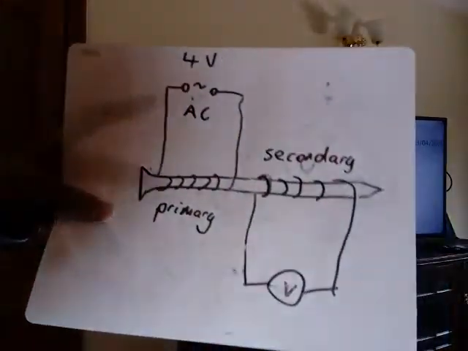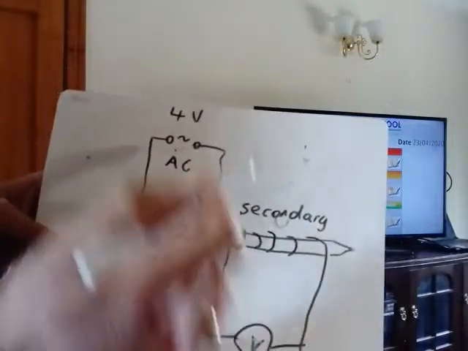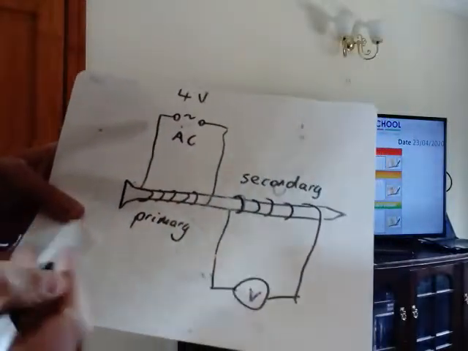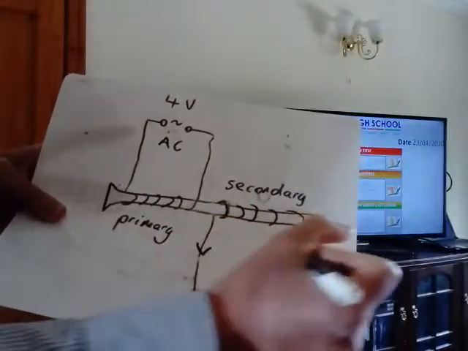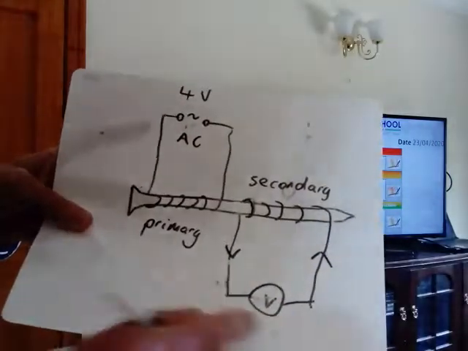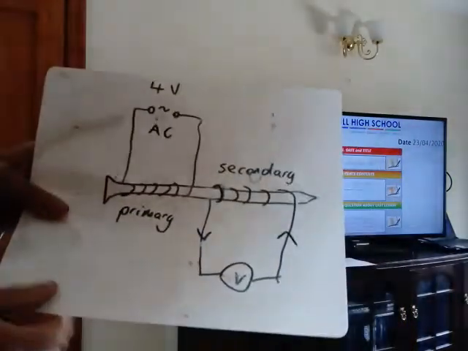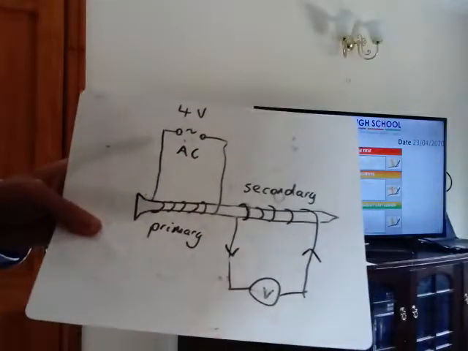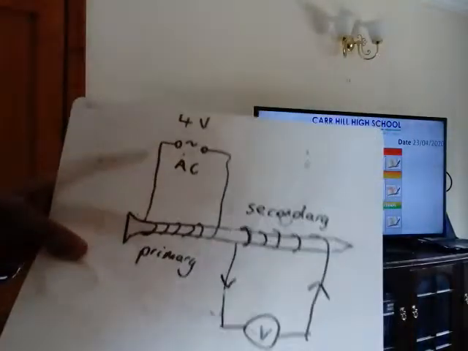Because we've wrapped a secondary coil around it, this secondary coil will feel that alternating magnetic field, and through the generator effect, it will induce an electric current in this second coil. And we'll be able to measure the voltage being produced there by putting a voltmeter in there. So that's how I've made my transformer, and that's the beginnings of how it works.